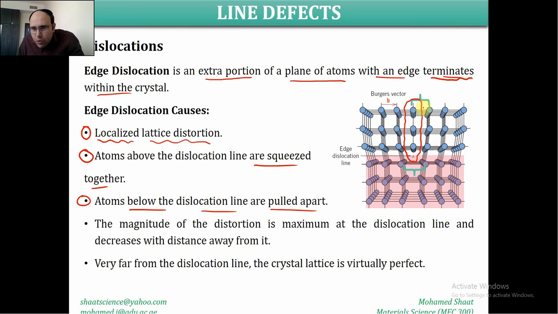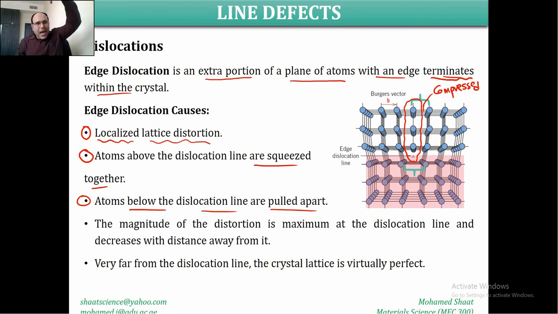These springs here will be compressed. If this is a spring and you try to insert, then in the regular case, all the springs will be at the same tension, with the same amount of force between them.